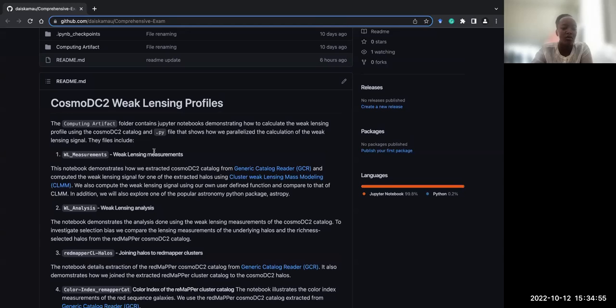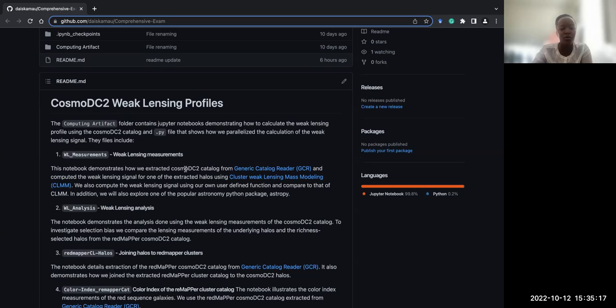One of the notebooks explains how I extracted the Cosmo DC2 catalogs, and then I saved the catalogs. As I was extracting, I was also learning another open source Python software that has been developed to estimate cluster mass.